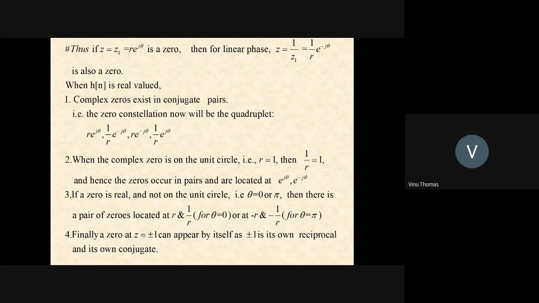Its reciprocal is also plus 1. So you can have a double zero at z equal to plus 1. Likewise, if you have a zero at z equal to minus 1, you will have a double zero at z equal to minus 1.